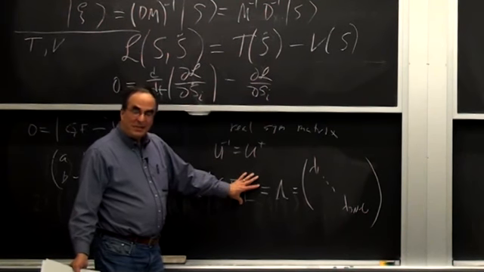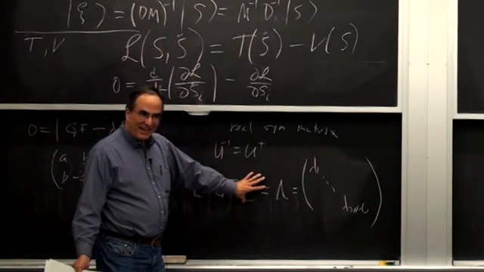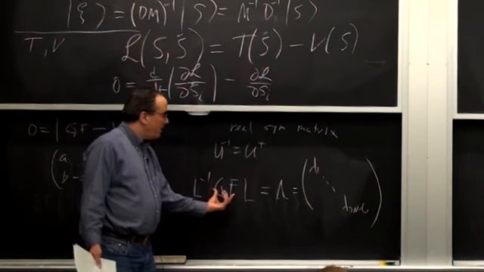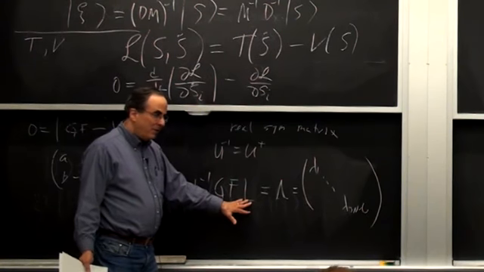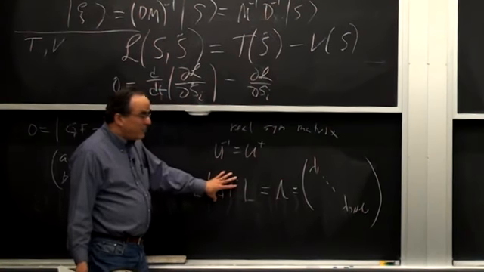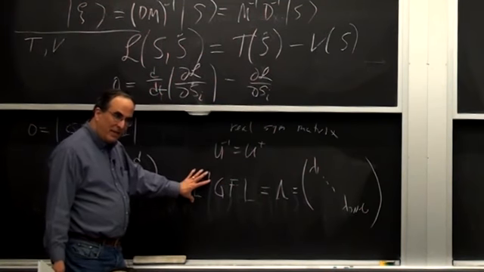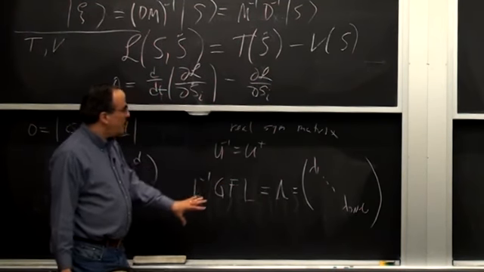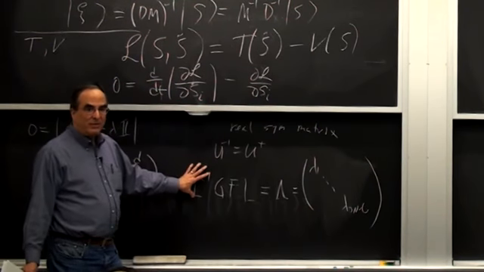And we're going to have to prove that this is, in fact, the same L that we saw before. This GF is diagonalized by a similarity transformation, L. Now, GF is square, L is square, so there's nothing fancy there, but GF is not symmetric, so the L inverse is not L transpose.